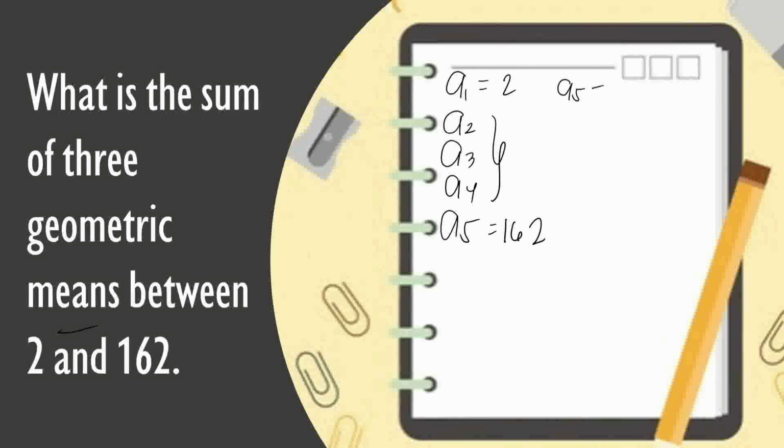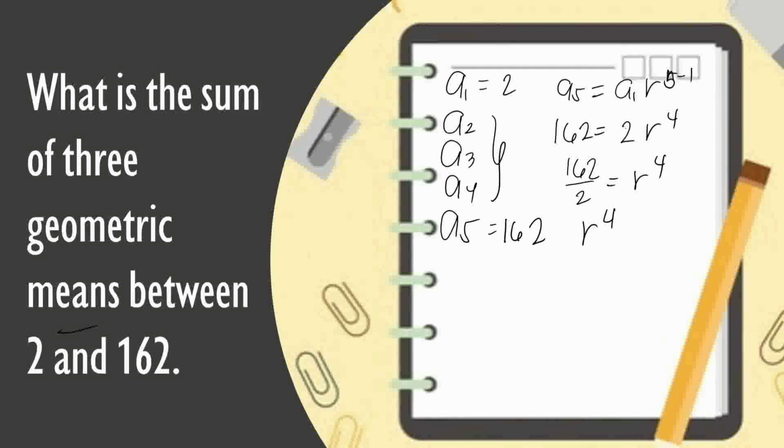A sub 5 is equal to a sub 1 times r raised to n minus 1. So, n natin is 5. So, a sub 5 natin is 162, a sub 1 is 2, then r raised to 4. Magiging 162 over 2 equals r raised to 4.